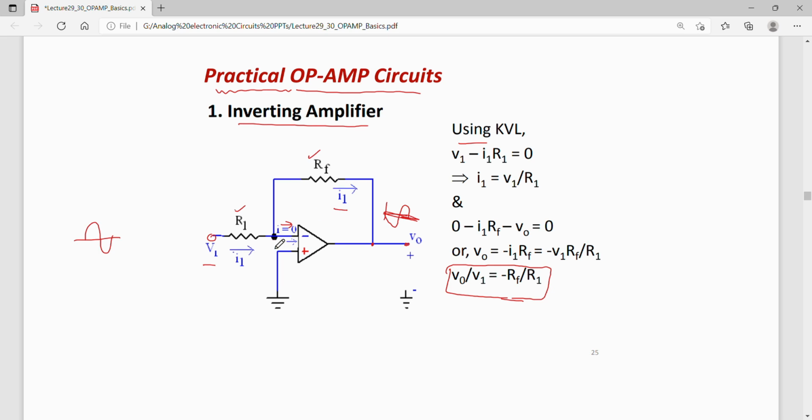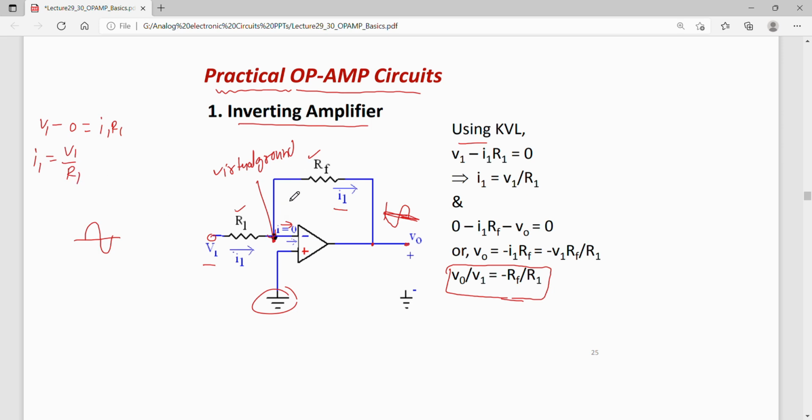This node is at virtual ground, because the other terminal is grounded. So I can write KVL: V1 minus 0 is I1 times R1, or I1 is V1 by R1.